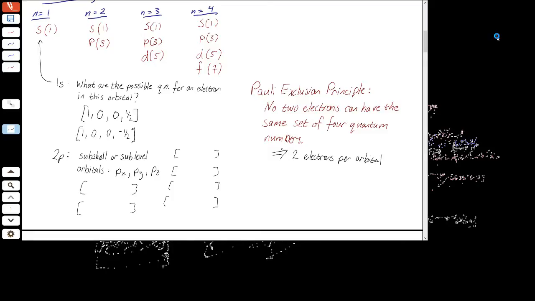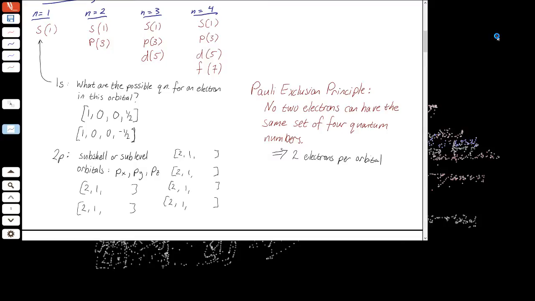Because we're talking about the 2p subshell. So they're all going to start with 2, because n equals 2. And we're talking about the p's, so L is going to be 1 in all of these cases. So where they differ is going to be ML and MS.